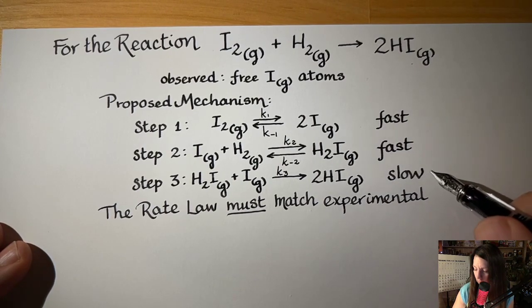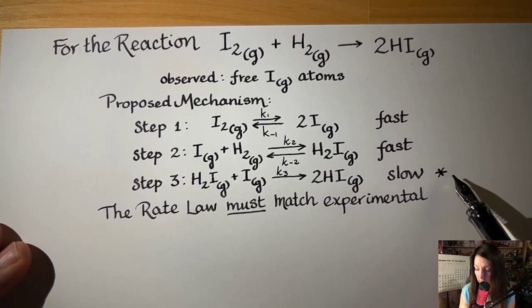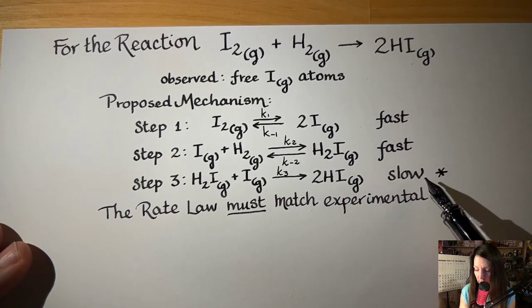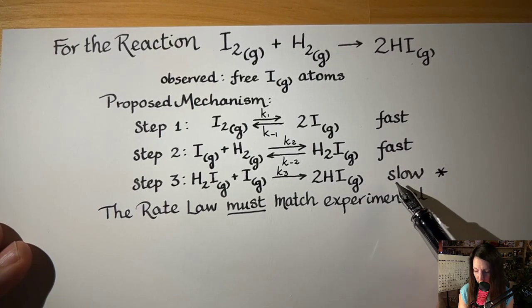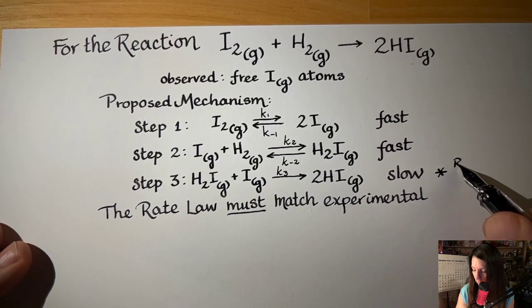So here is our focus. The rate law must be consistent with the rate determining step, which is the slow step. Okay, also known as rate determining.